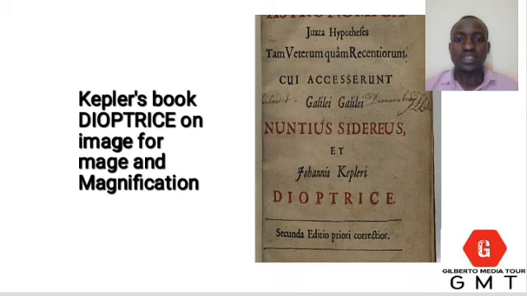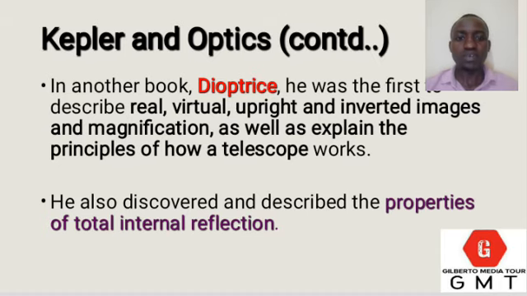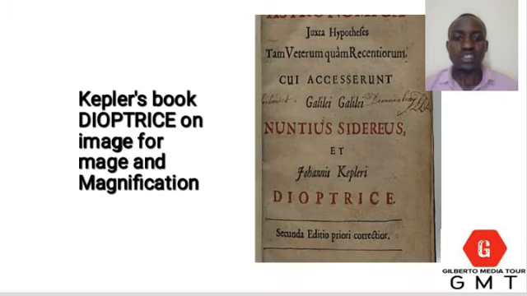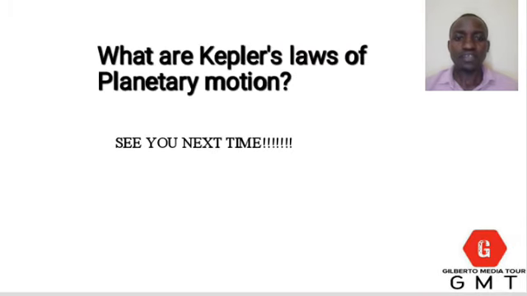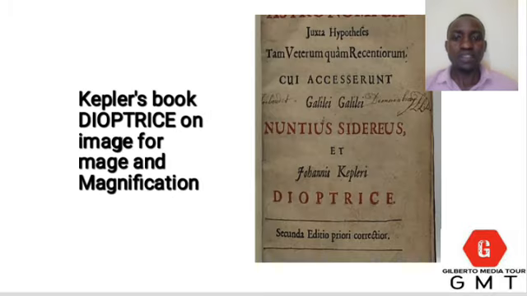We know that total internal reflection is widely used in optical fibers, and optical fibers are now used in this developing world for distributing information and signals. We have now seen Kepler's laws of planetary motion, and in optics, how a pinhole camera can form an image.